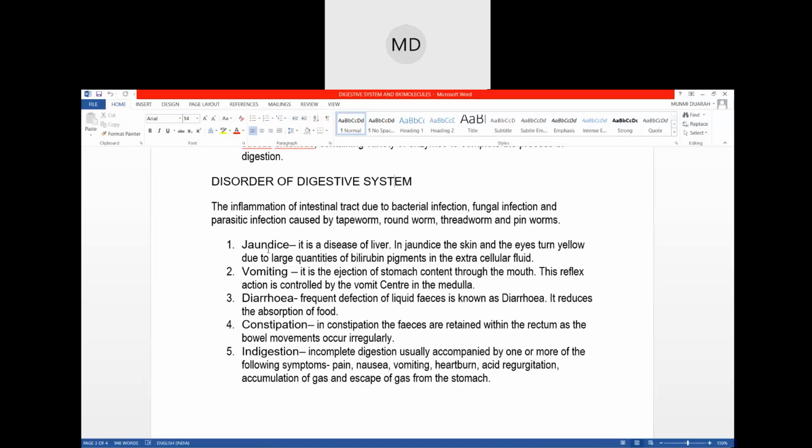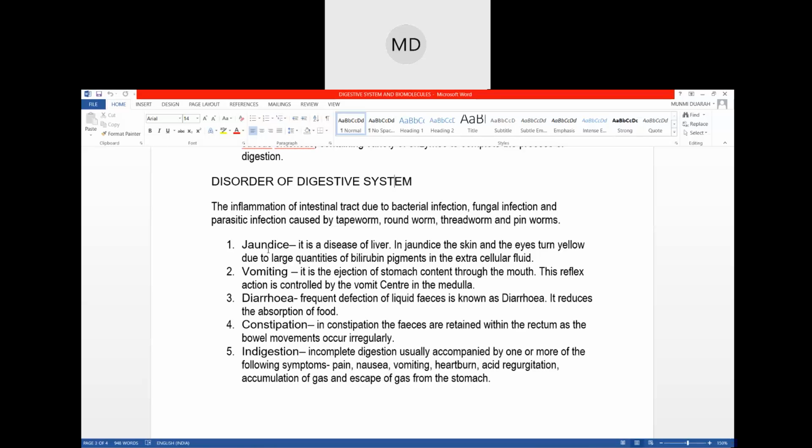Why is it so? Because of the bile pigment we discussed. In the bile there are pigments known as bilirubin and biliverdin, which give the distinct color to the bile.